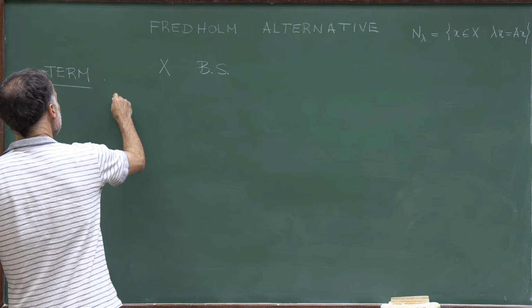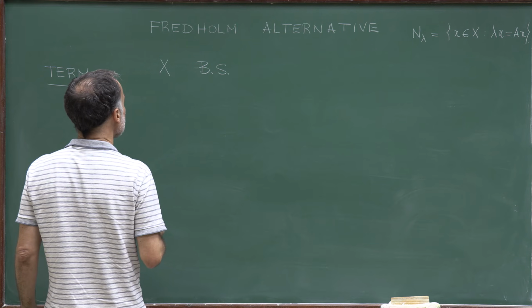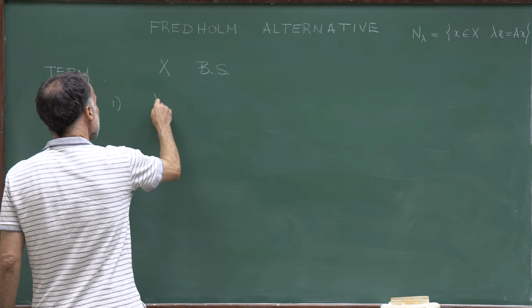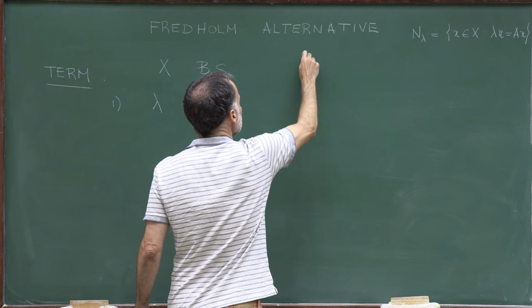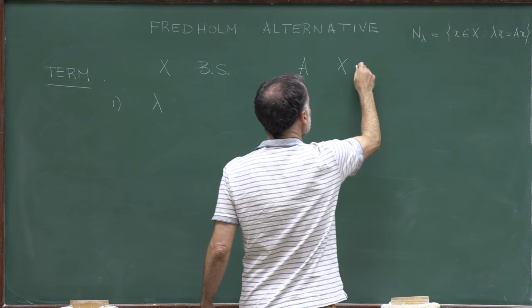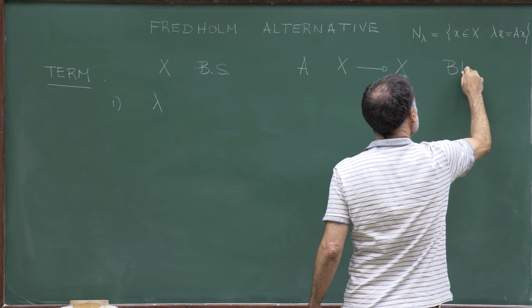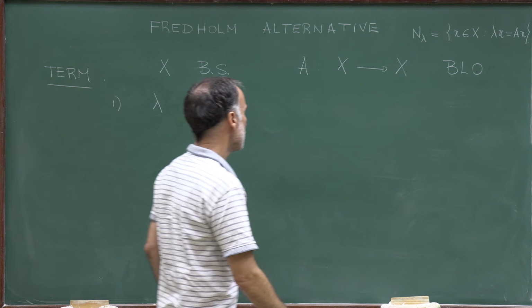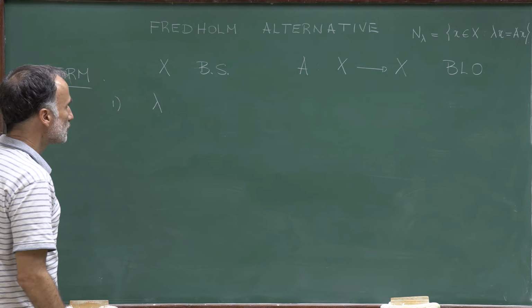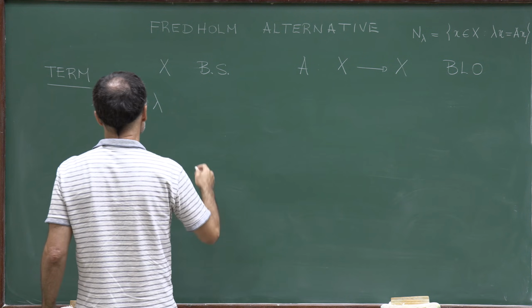So the first one, remember, is that we have an operator A from X to X, which is a bounded linear operator. The first definition I already gave, so let me just repeat.